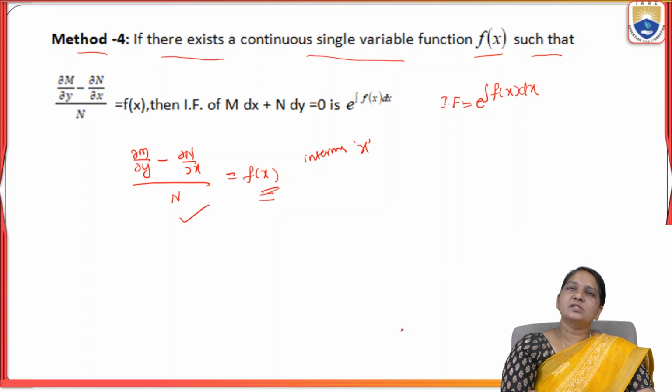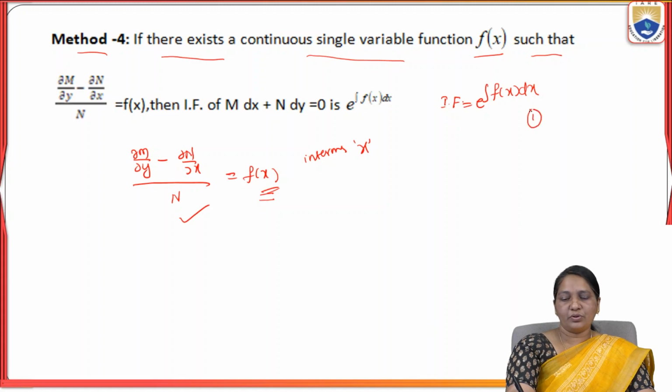So how can we choose method 4? First, we have to check method 1, that is, whether there is any possibility of grouping the terms of the equation. The first method is grouping the terms, so we check that first.